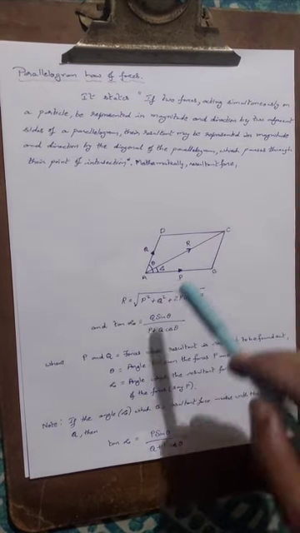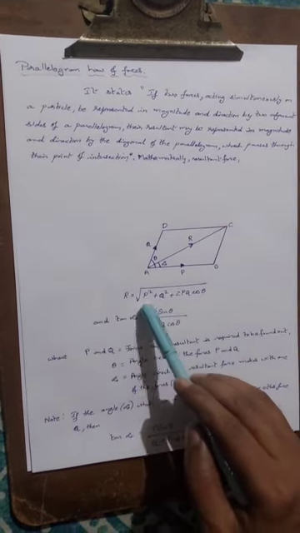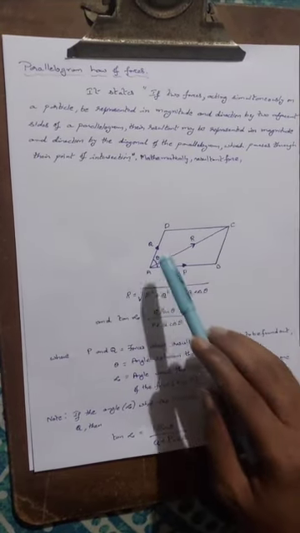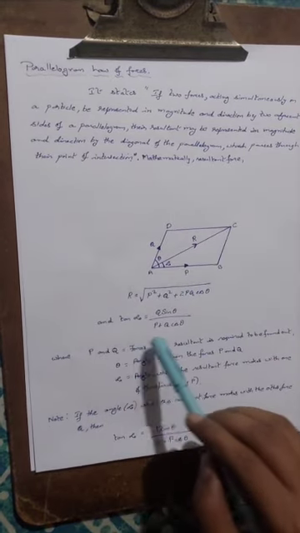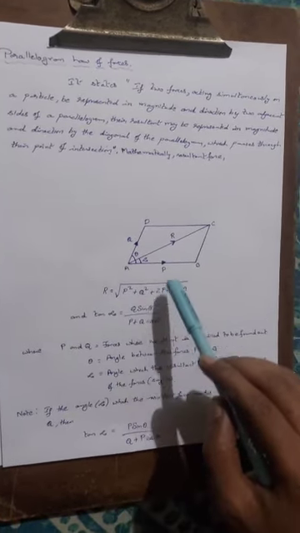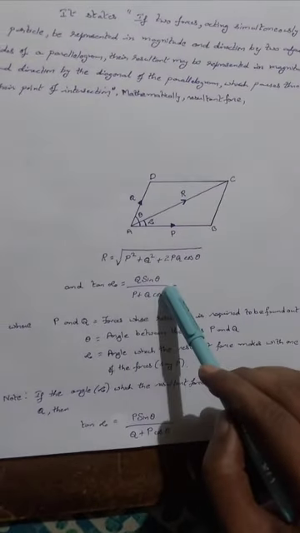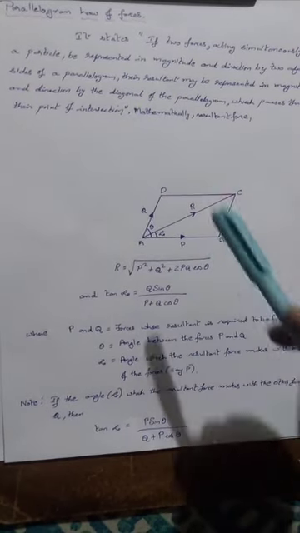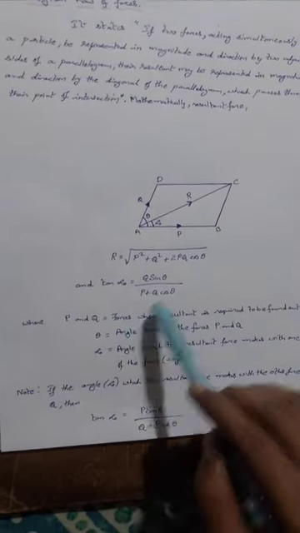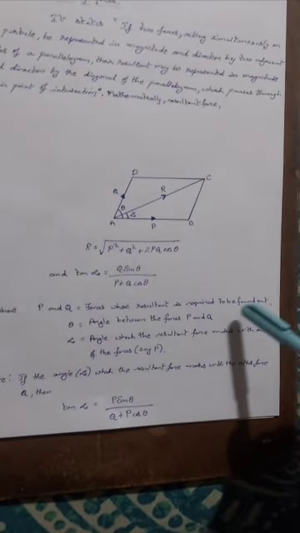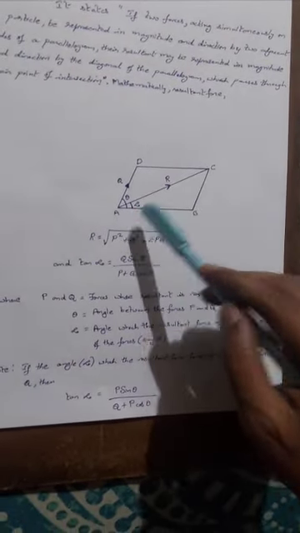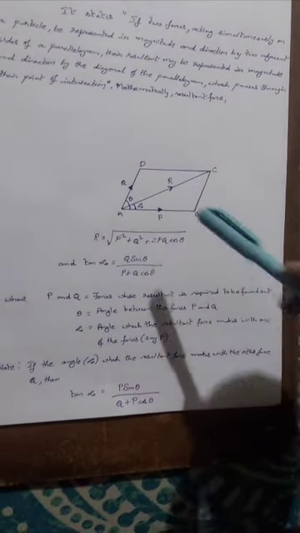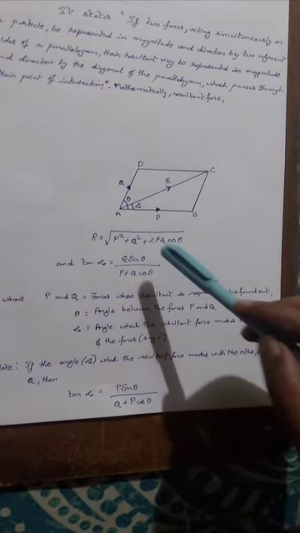Mathematically, resultant force R is equal to root of P square plus Q square plus 2PQ cos theta, and tan alpha is equal to Q sin theta divided by P plus Q cos theta, where P and Q are the forces whose resultant is required to be found out, theta is the angle between forces P and Q, and alpha is the angle which the resultant force makes with one of the forces.